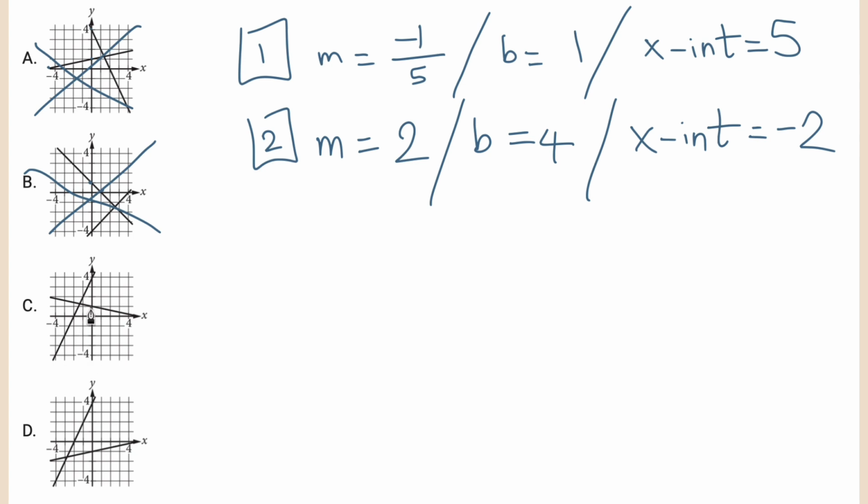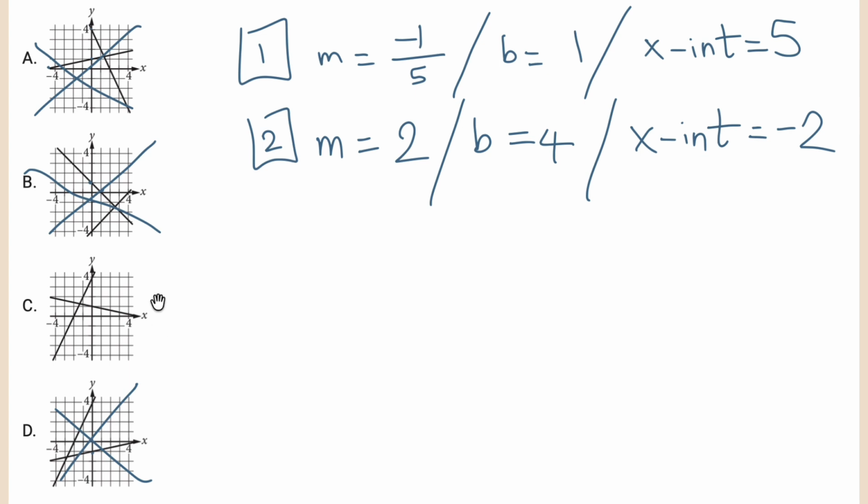The y-intercept is 1, okay, and the x-intercept should be 5. It's definitely not 4 here, so let's leave this for now. This second one, sorry, the last option, the slope is 1. The y-intercept is 1. Here we don't have the y-intercept as 1. We have it as -1.